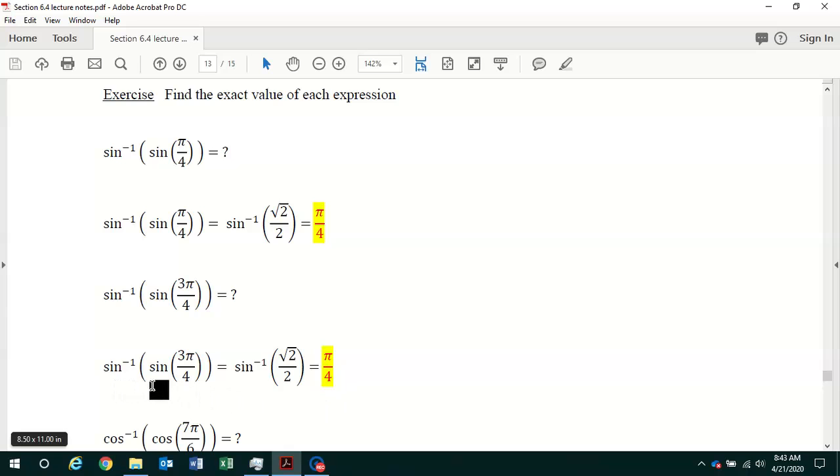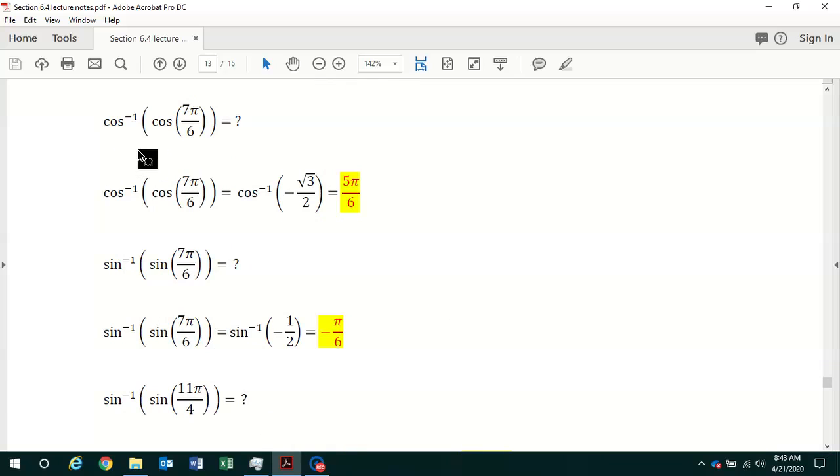So in this case, the inverse sine and sine did not cancel in the composition because the angle 3 pi over 4 is outside the range of the inverse sine function. So this composite is equal to pi over 4 radians.